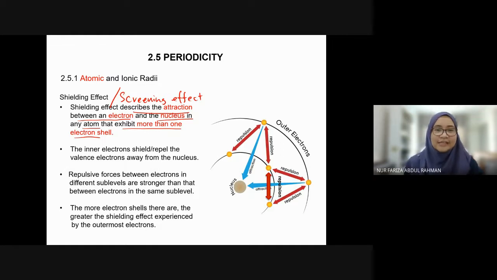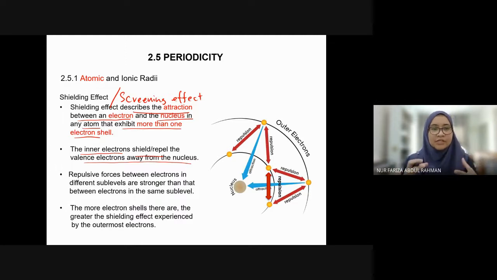Okay, so what is the screening effect, guys? It's the inner electrons shielding or repelling the valence electron away from the nucleus. So this shielding effect is due to the repulsion between electron and electron. Okay, because we know that electrons have the same or similar charge kan.